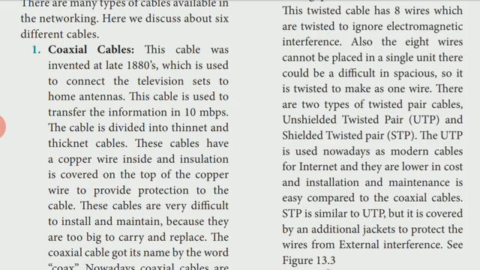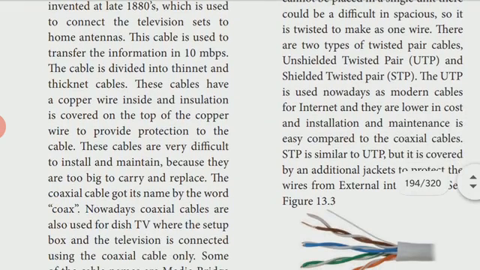In this coaxial cable it will transfer data at a very small rate, that is 10 Mbps, only that much. We can also divide this into 2 types, that is thin net cables and thick net cables.